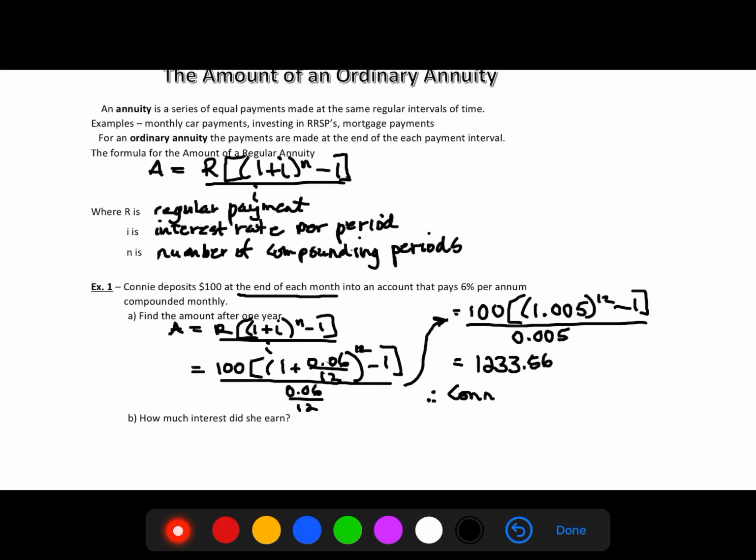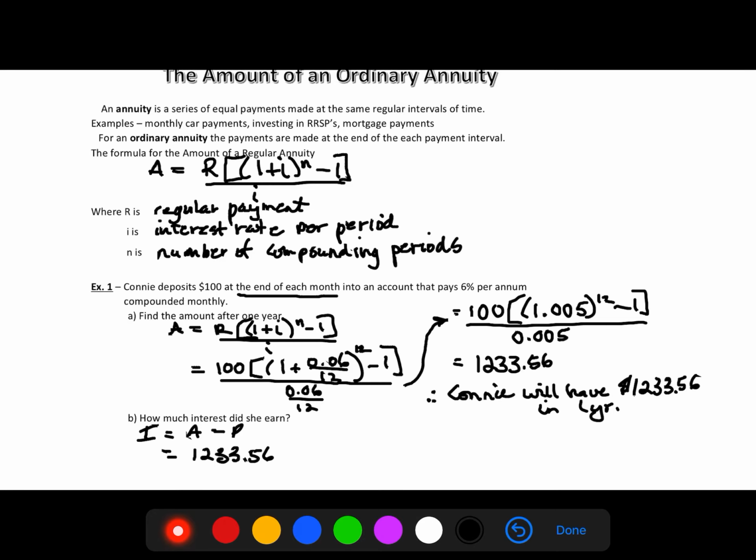When we do that, we get 1,233.56. So Connie will have $1,233.56 in 1 year.